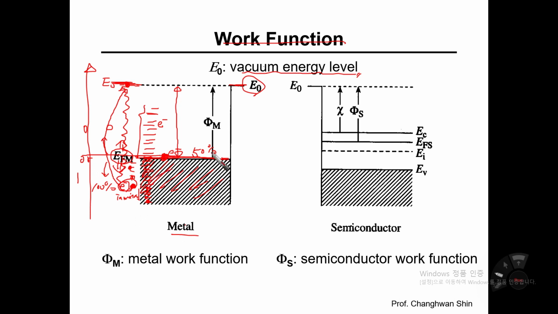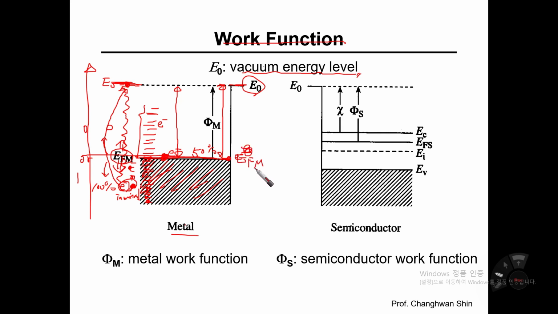The question is, the minimally required energy to take out an electron from the matter is defined as the work function. So in this energy band diagram, the minimum energy to take out a single electron away from this matter can be defined as E naught minus what? Yes, this energy level, EF matter.